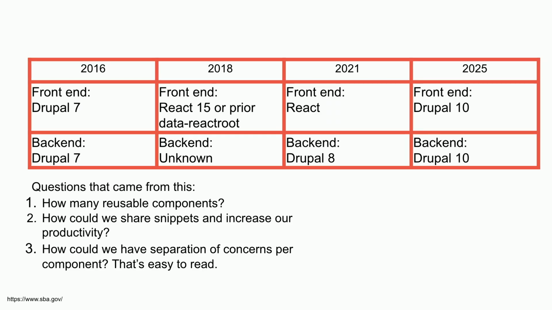I was brought in in January 2022. My specialty is migrations, and so I dove in, and with another coworker, we started translating all of the old content types from 7 and 8 into Drupal.